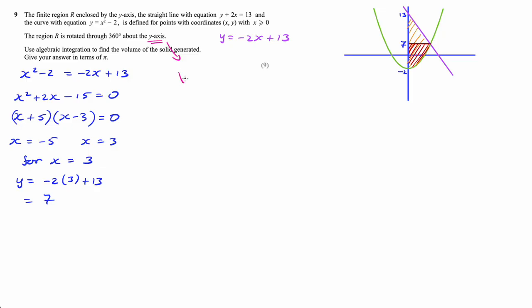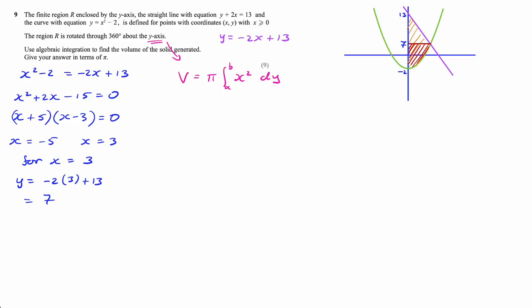V is equal to pi times the integral from a to b of x squared dy. Okay, so for each of these I need x. I'm going to do the parabola from -2 to 7 and the straight line from 7 to 13.